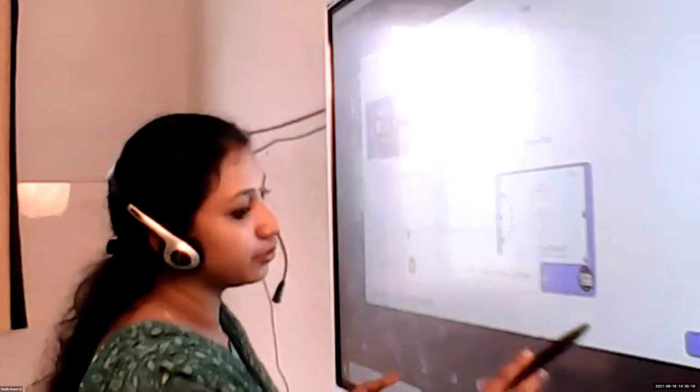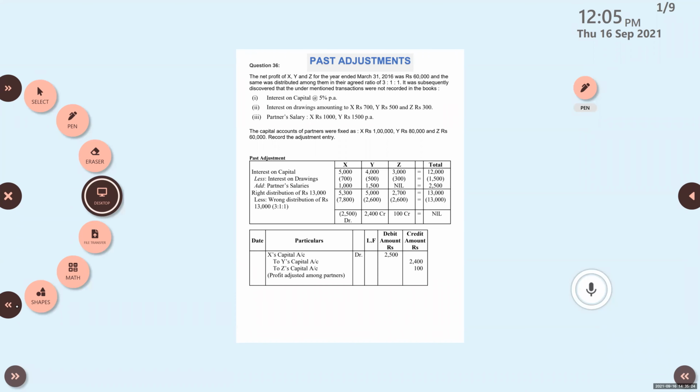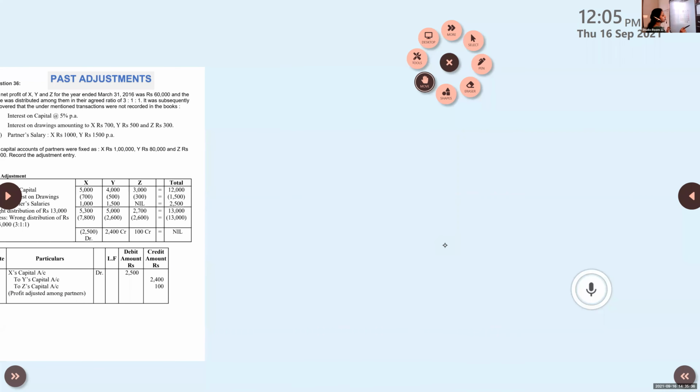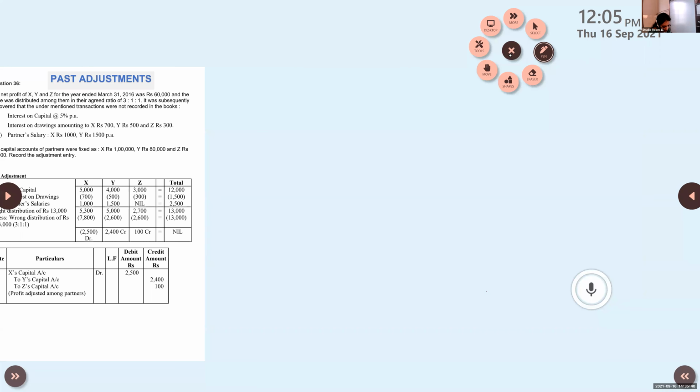Coming back to that textbook question. In the question, it is said that IOC is omitted. It is not given. So here we are going to prepare a table. You can see the table, 3 columns.